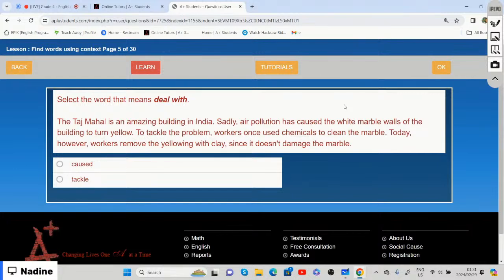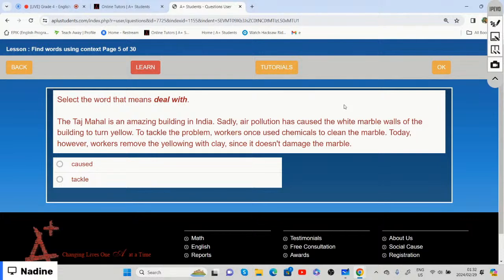We need to select the word that means deal with. They say the Taj Mahal is an amazing building in India. Sadly, air pollution has caused the white marble walls of the building to turn yellow. To tackle the problem, workers once used chemicals to clean the marble. Today, however, workers remove the yellowing with clay since it doesn't damage the marble.